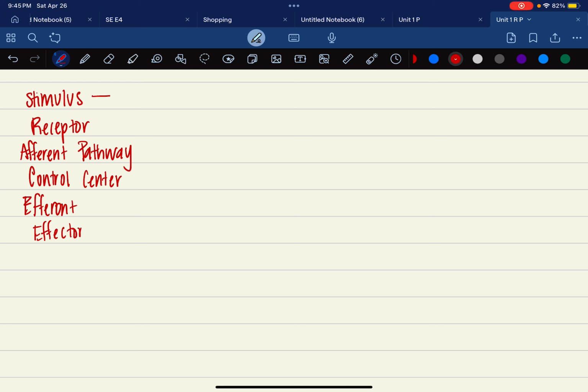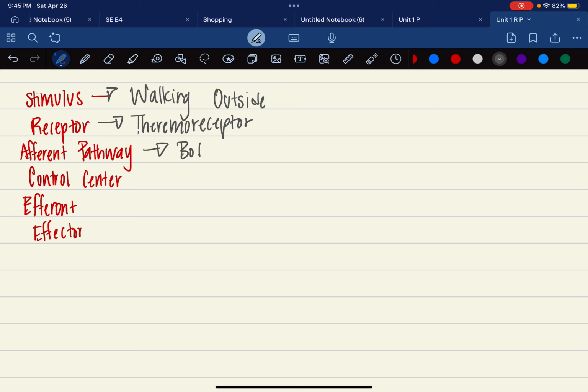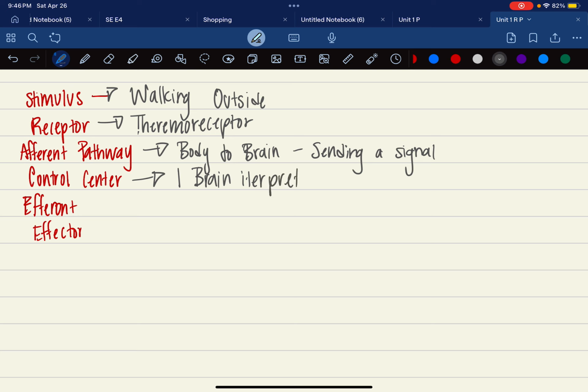So in this case, the stimulus is walking outside. This would be like a thermal receptor. And it's going from body to brain, sending a signal. And then control center, the hypothalamus or the brain, interprets what's going on.